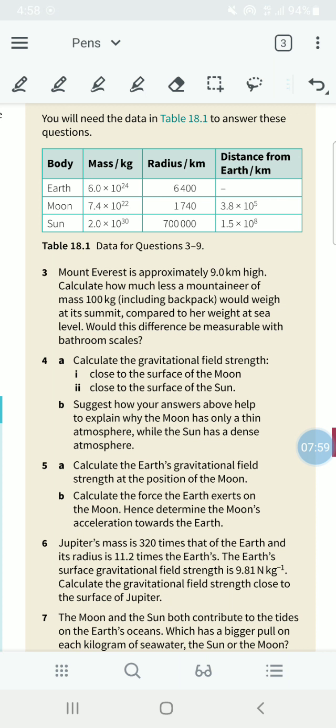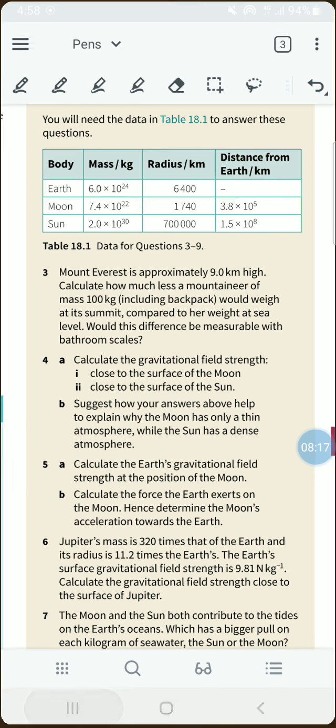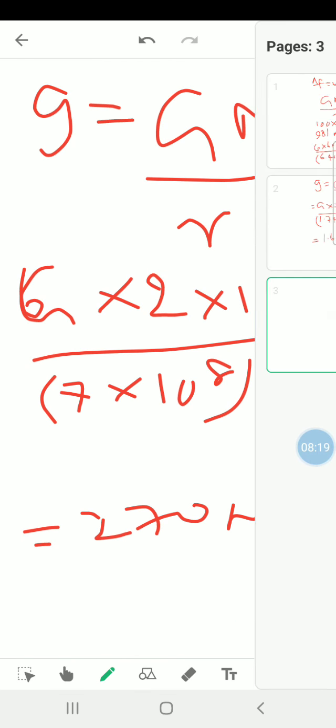Remember, they have given it in kilometers. So how do you convert that into meters? You multiply it by 10 to the power 3. Then it is going to be 3.8 into 10 to the power 8. If you make the mistake of using kilometers instead of meters, your answer is going to be wrong.